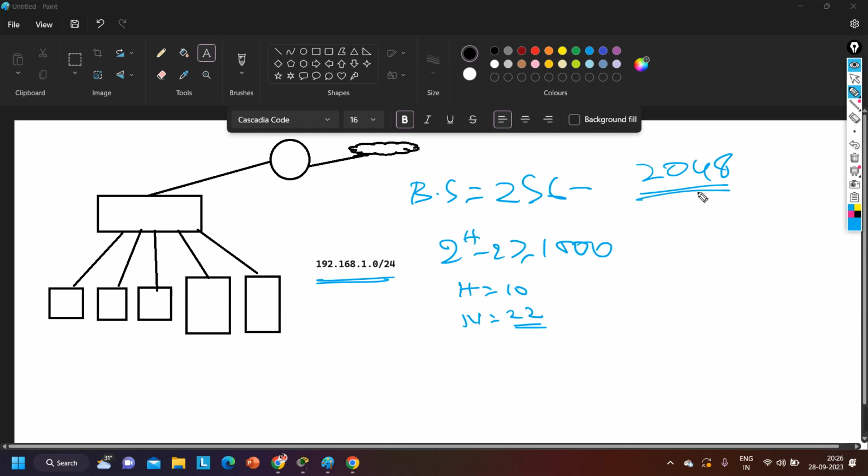You only need 1,200. In that scenario you have to perform VLSM, variable length subnet masking, and in that scenario also you will waste around 1000 IP addresses. You cannot reduce it. Then what is the use of this? You can save those IP addresses for future use, maybe.